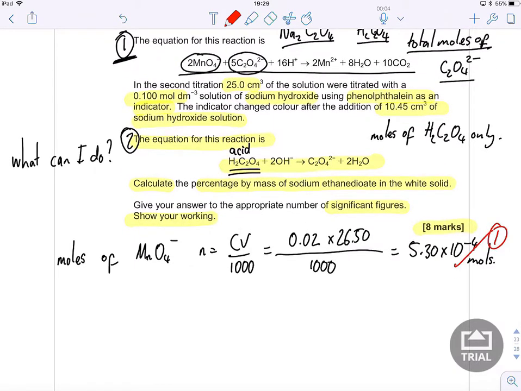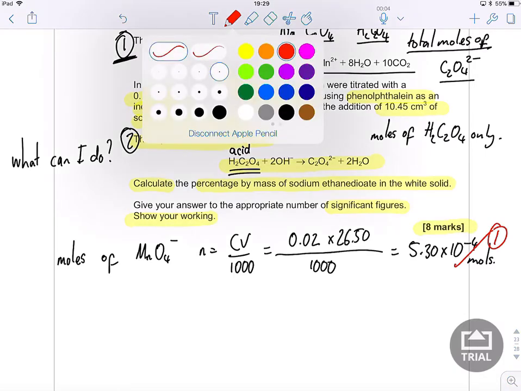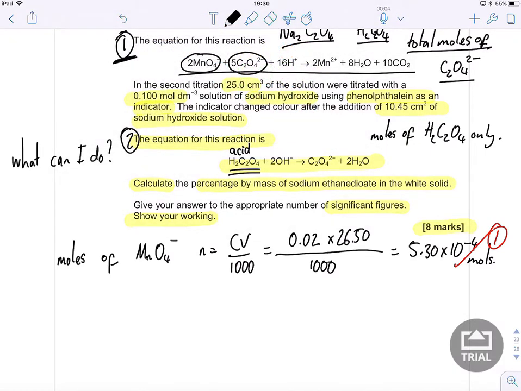Then from that I'm going to work out the moles of my ethanedioate ions, C2O4 2 minus. I've got to look at the ratio in the equation. So I've got 2 manganate reacting with 5 moles of ethanedioate.